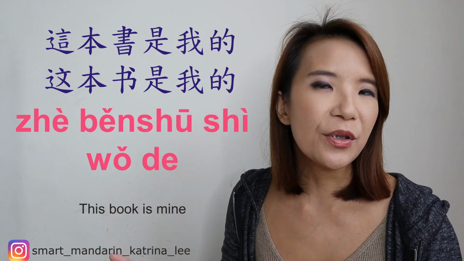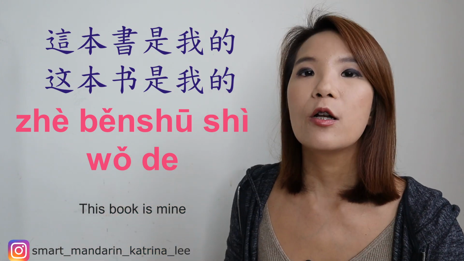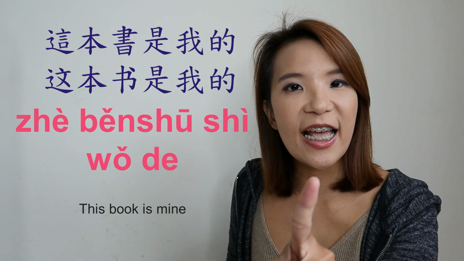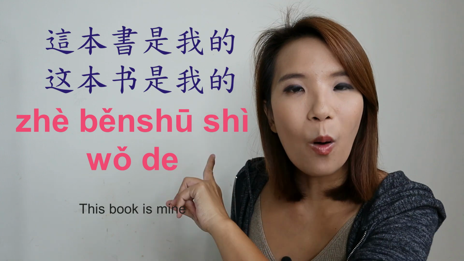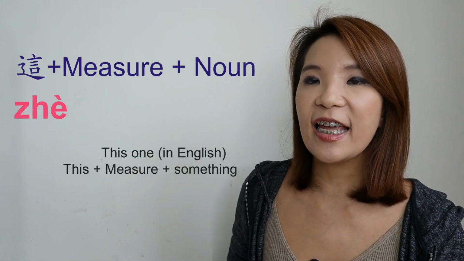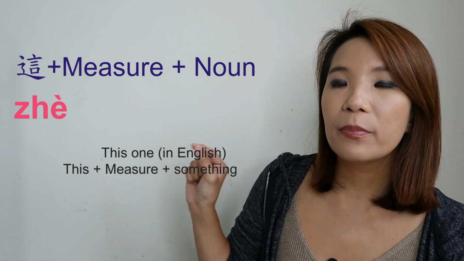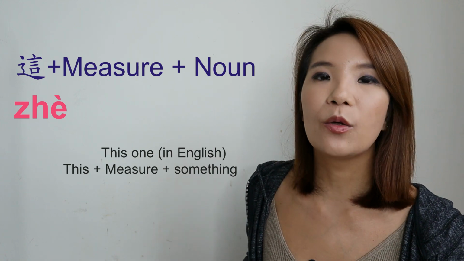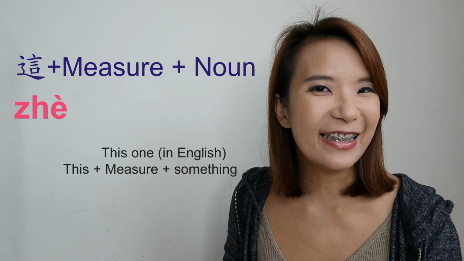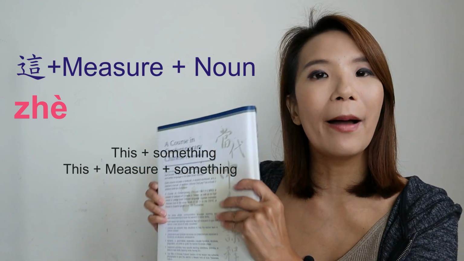So it literally means this, measure word, noun, the book. 这本书是我的. If you want to say this one in Mandarin, we would say 这 plus measure word plus the noun. The noun is 书 and your measure word is 本. 这本书, so this one book.